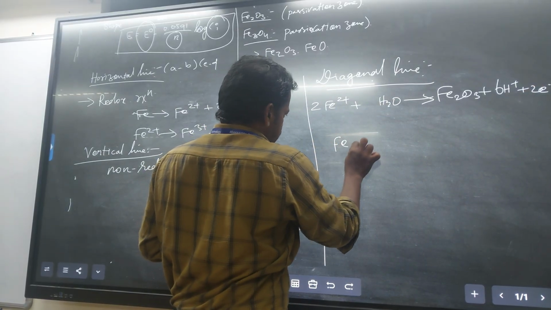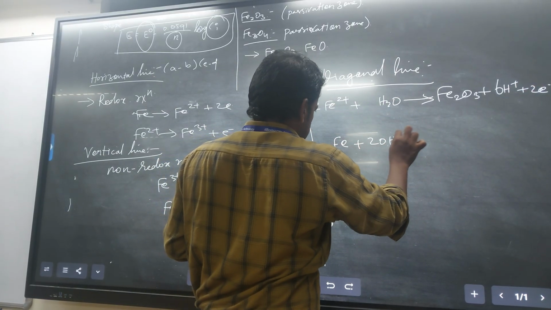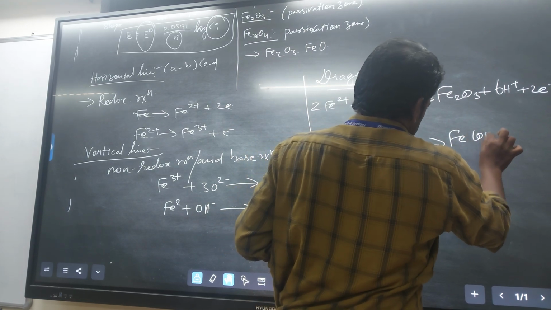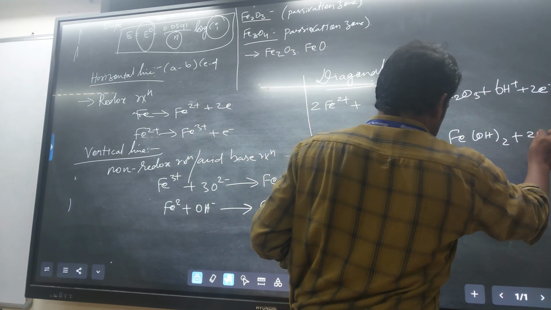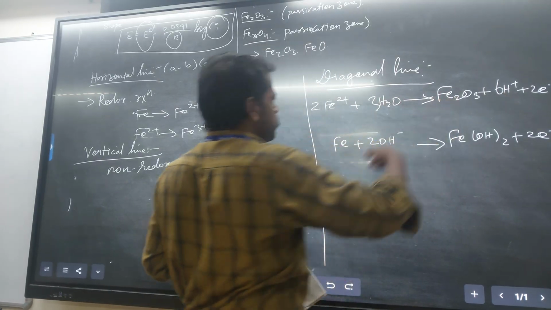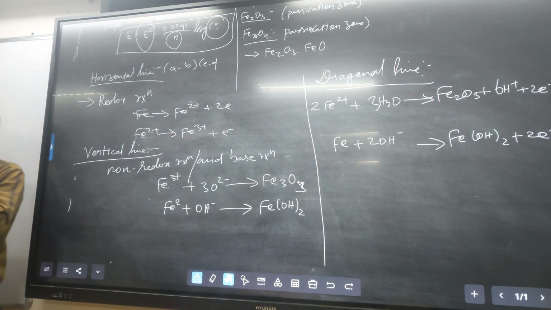Or else Fe reacts with OH minus to form ferrous hydroxide, Fe(OH)2, plus 2 electrons. Here 6H plus, so that's why 3H2O. That is a diagonal line. Here also it is an acid-base reaction, so it depends on the pH.